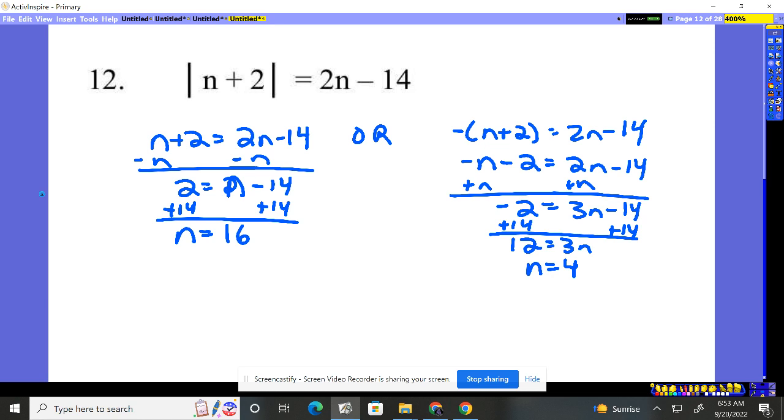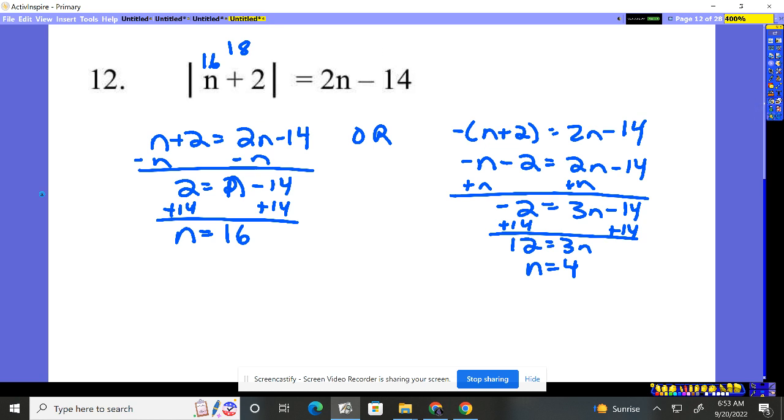If I plug 16 in, what's 16 plus 2? That's 18. Absolute value of 18 is going to be 18. 2 times 16 minus 14. Well, 2 times 16 is 32. 32 minus 14 is, guess what? 18. 16 works. He's good. 16 is good.